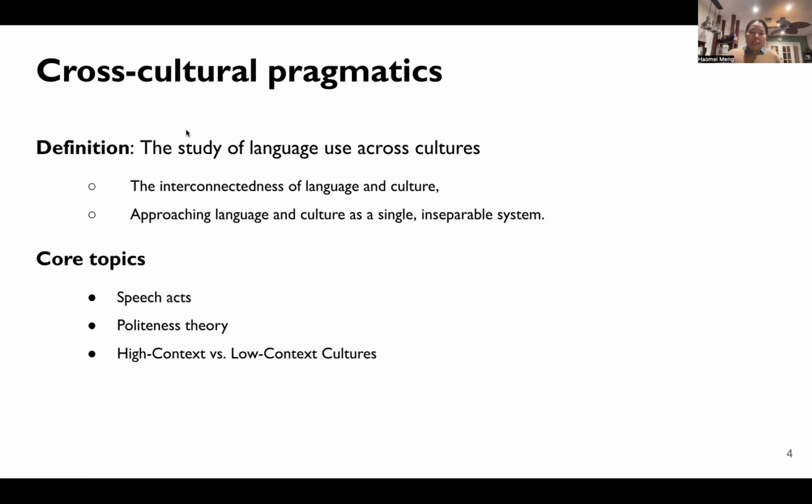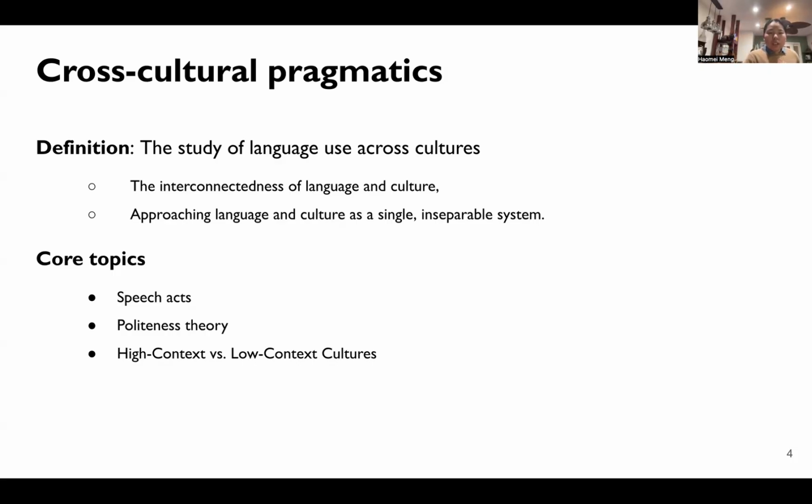Cross-cultural pragmatics is the study of language use across cultures. It emphasizes the close relationship between language and culture. And the language use is always happening in a specific culture.